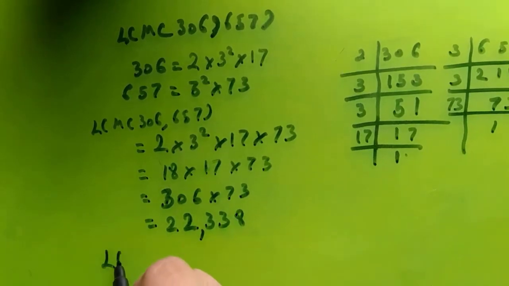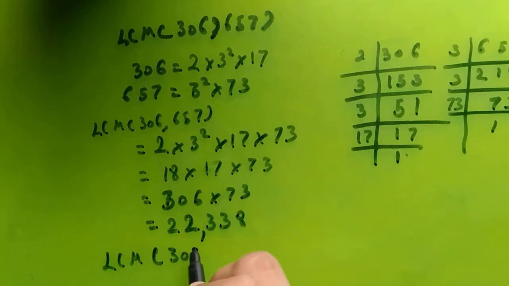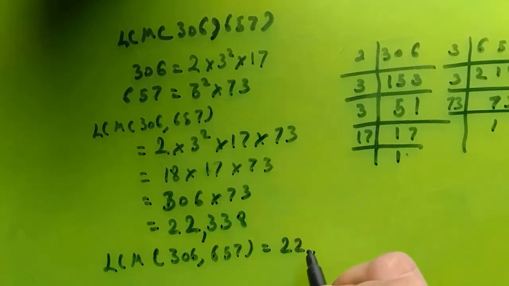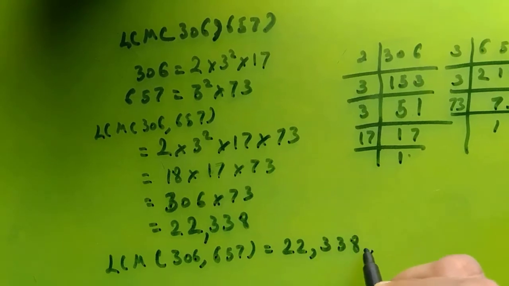Therefore, LCM of 306 and 657 is equal to 22,338.